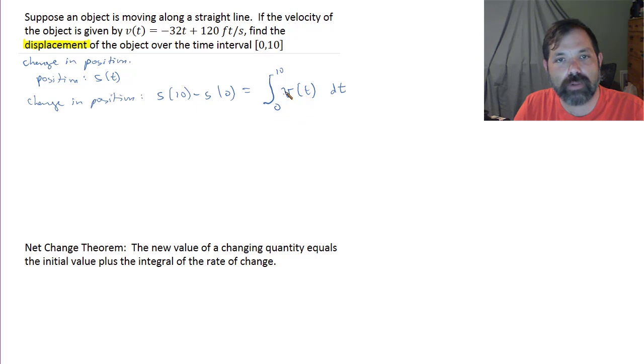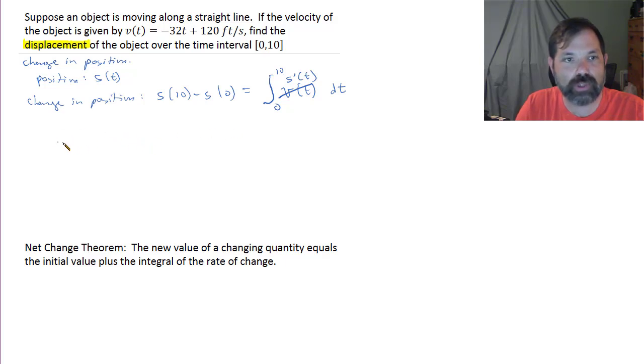And so note that v of t is s prime of t.